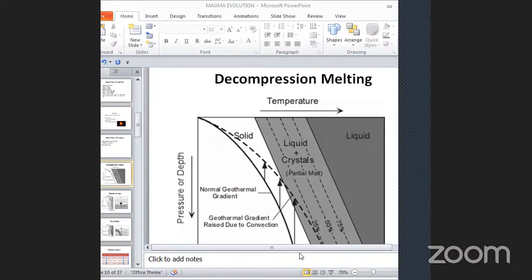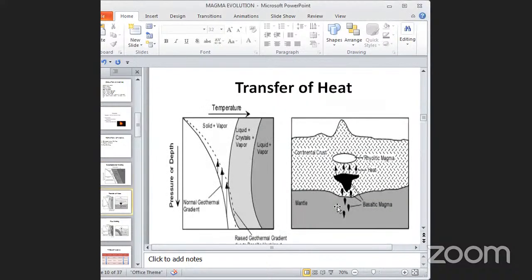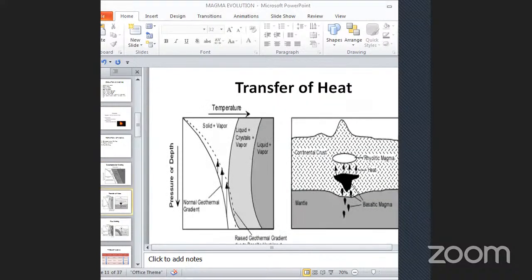Then next, transfer of heat. When magmas that were generated by some other mechanism intrude into cold crust, they bring with them heat, right? Upon solidification, they lose this heat and transfer it to the surrounding crust of the earth.